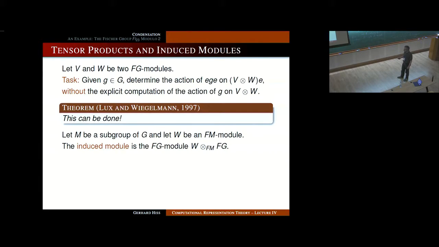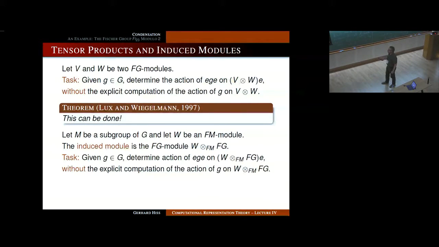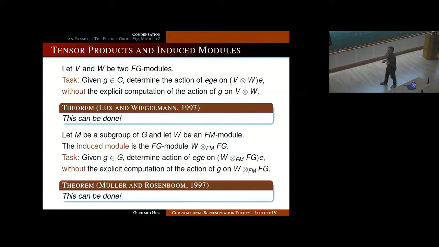Given this module, which is maybe manageable, and a group element g and the subgroup M, you want to find the action of eGe on this condensed induced module without, of course, computing the induced module first. And again, this can be done. This is an algorithm by Müller and Rosenbaum, and all this goes back to 1997.